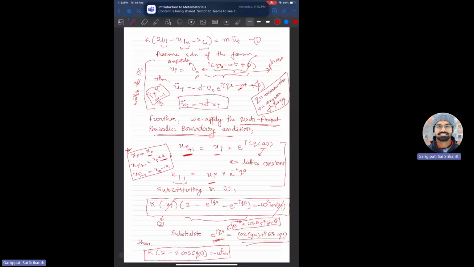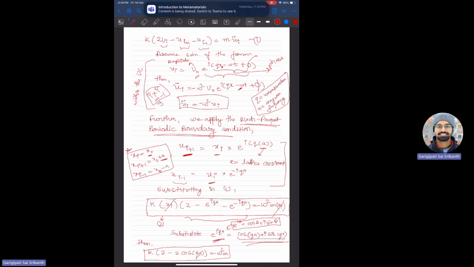Then what we observe is that if the solution is assumed to be harmonic, here u i is some u naught, which is some amplitude, times e to the power i times some phase.